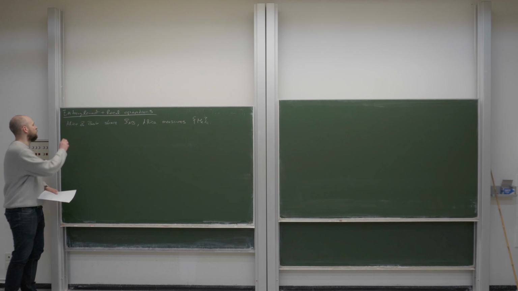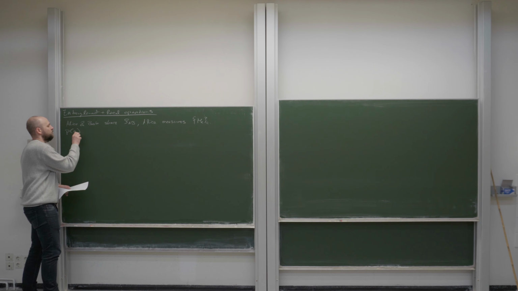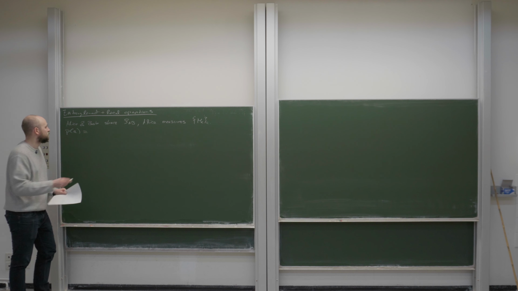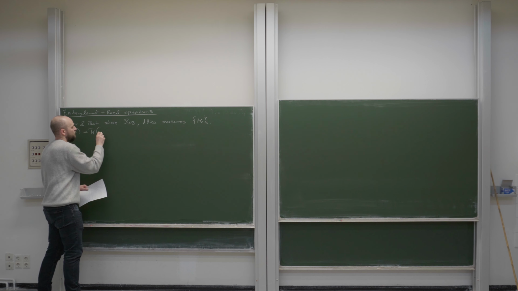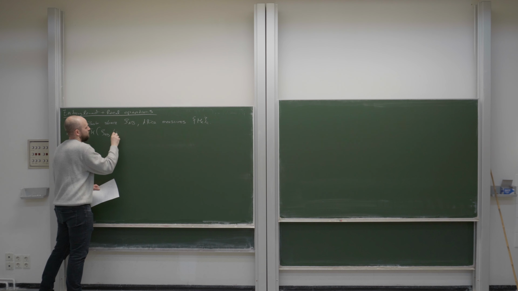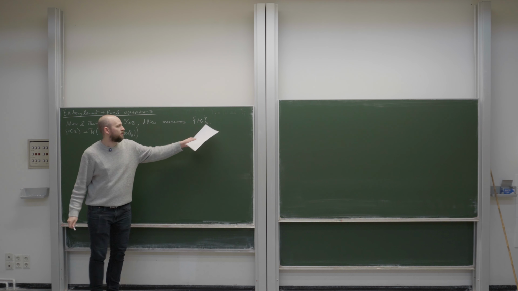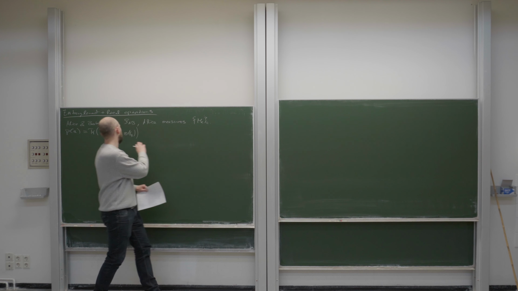So let's start with the easy one. The probability of Alice observing outcome A is? Trace of M_A rho_A. Yes. But here there has to be also identity on Bob, because Alice measures this, which means that globally they measure this.